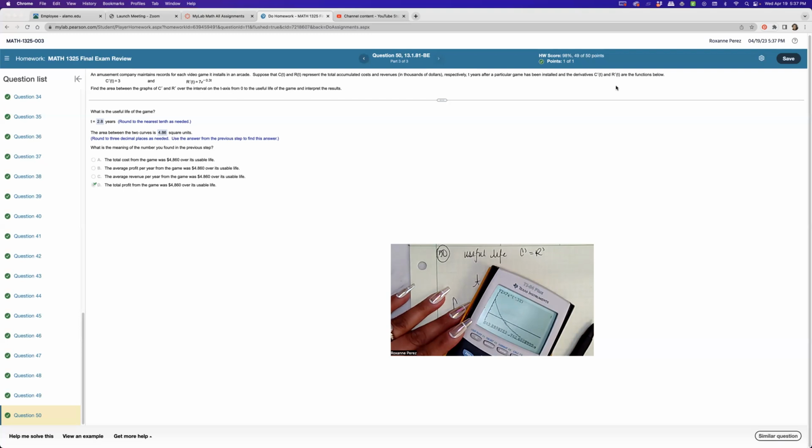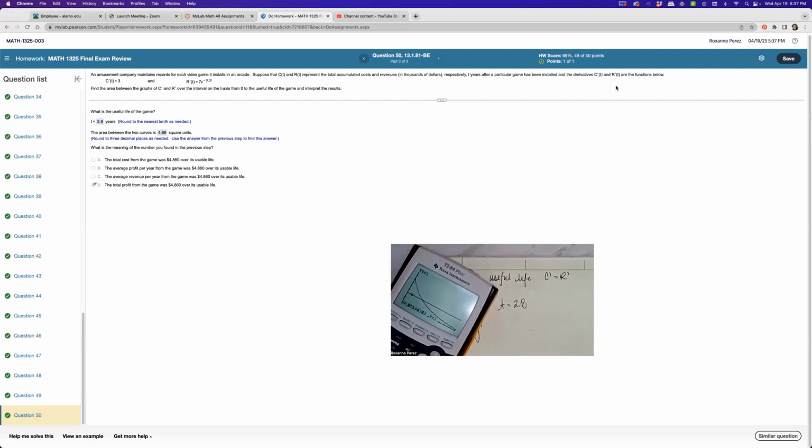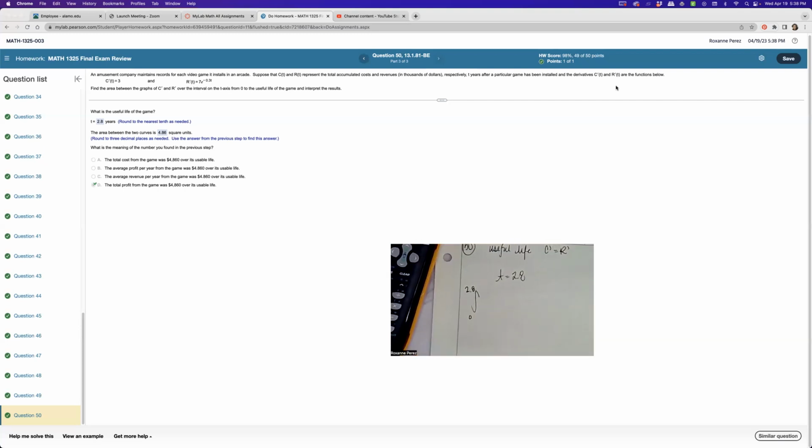The graph that is above is your revenue graph, and the graph below is your cost graph, which makes sense, right? Again, we want profitability, so the revenue is greater than the cost function. And even it holds true for your C prime and R prime. Okay, so we're going to evaluate from 0 to 2.8, and it's R prime minus C prime.